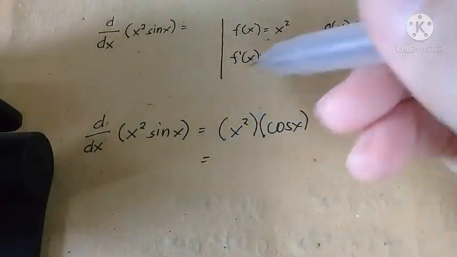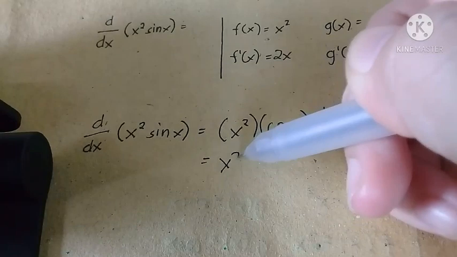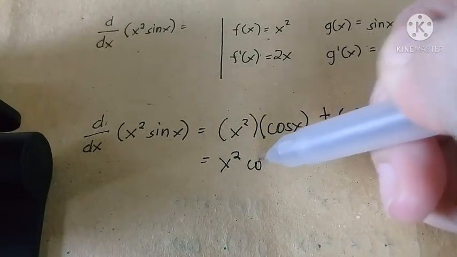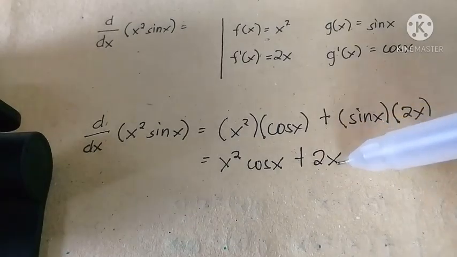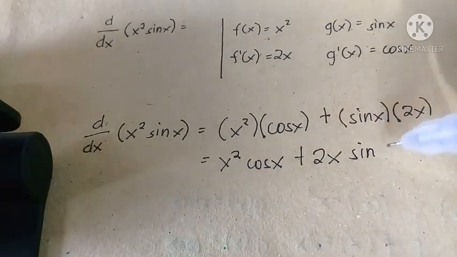So the result would be x squared cos x plus 2x sine x.